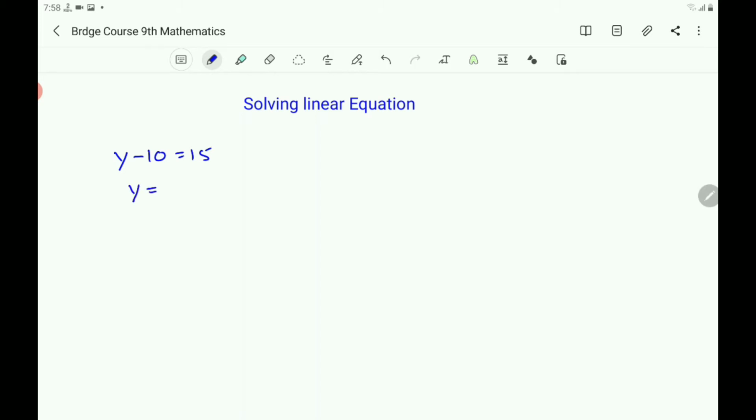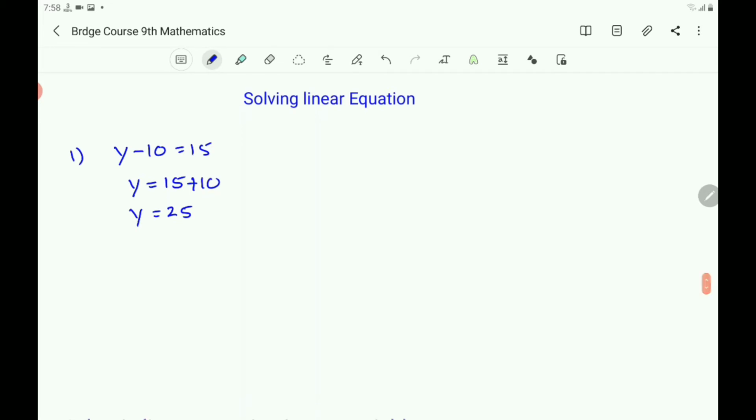Then you write y equals 15 minus 10 you transfer to the RHS, it becomes plus 10. So you got y equals 15 plus 10, that is 25. So here you got the value of y, that is the solution of the linear equation y minus 10 equals 15.